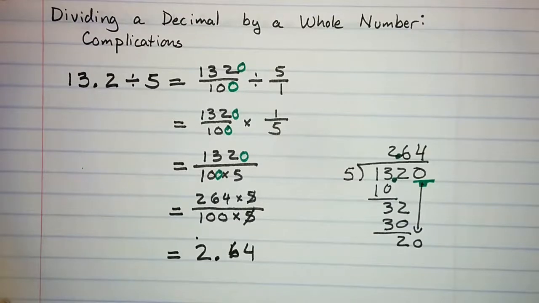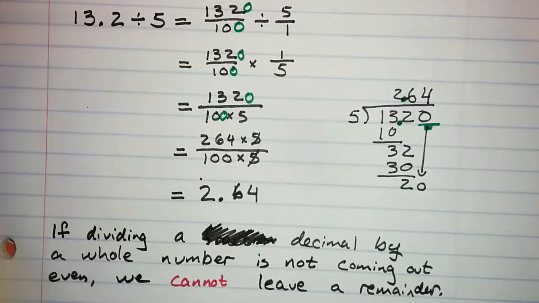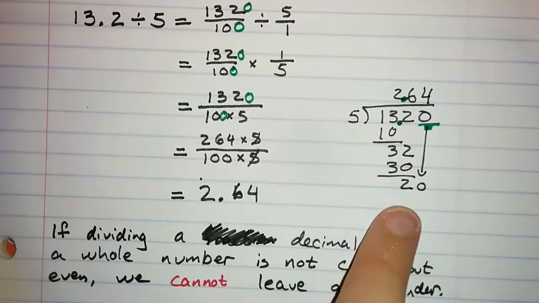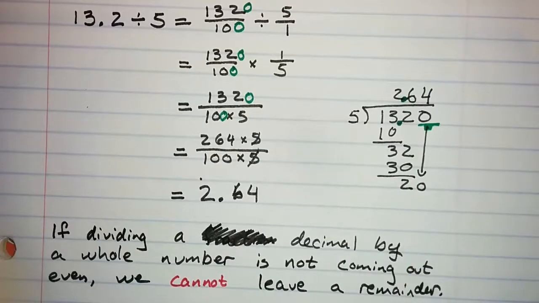to see what happens. So, if we're dividing a decimal by a whole number and it's not coming out evenly, we can't leave a remainder because, frankly, it's too hard to interpret what that remainder would mean. Remainder 2, but in the tenths place? I don't really understand what that means.